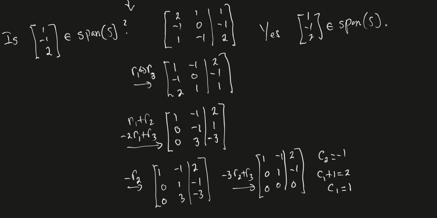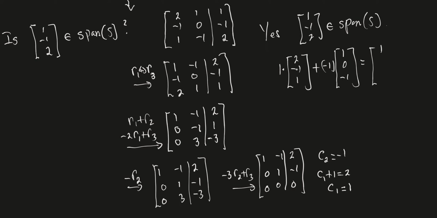And not only can we say that, but we can actually write down what the linear combination is. If I take 1 times my column 1, so 1 times 2, -1, 1, plus -1 times the second column, so that's my C2, times the vector 1, 0, -1, then we will end up with 2 minus 1, that's 1.